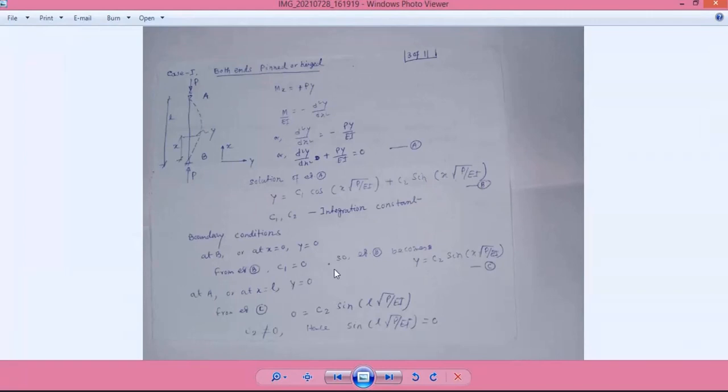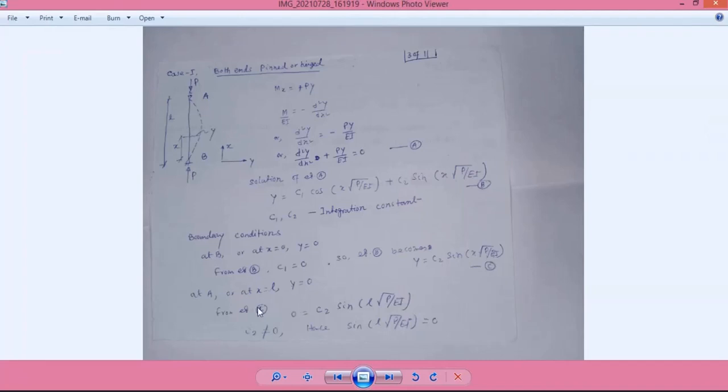Now the second boundary condition, at point B or at x is equal to L, y is equal to again 0. If we put the value c1 equal to 0 in equation B, the equation for deformation becomes y is equal to c2 sin x root under P divided by EI.